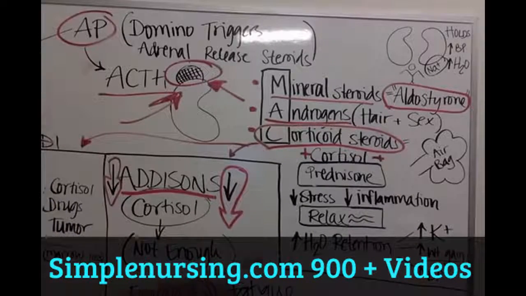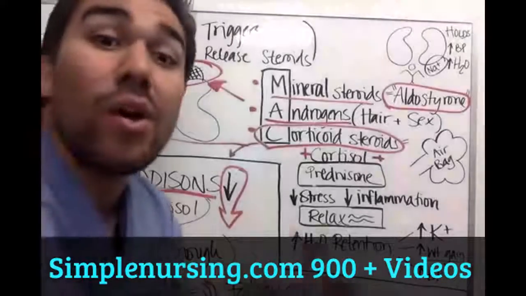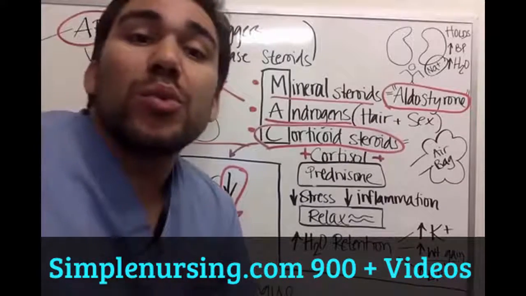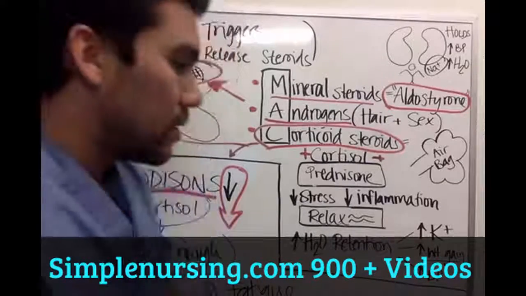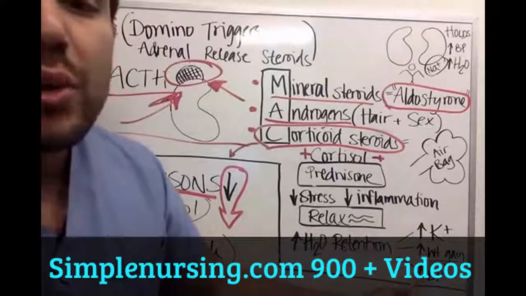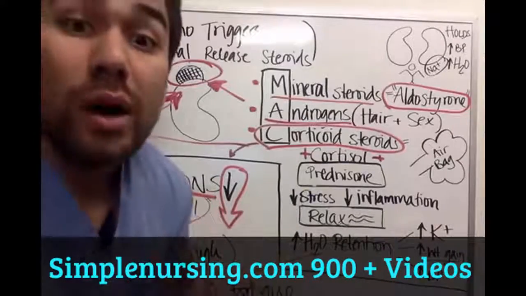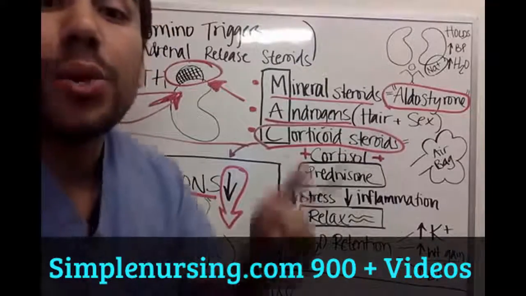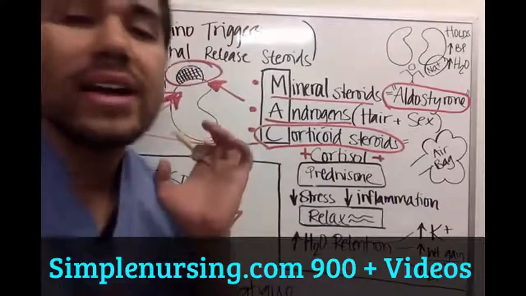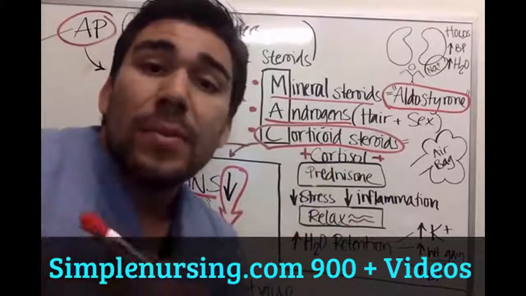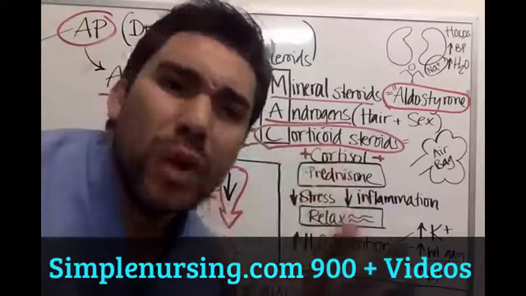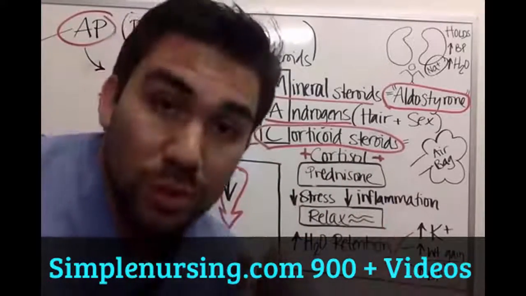Now the dirty part about this is they also help you to retain water. As you're retaining this fluid, you're increasing your potassium level. You're also gaining weight because you're holding on to water, and you're also increasing your blood pressure, okay? So yes, airbags are great. They save your life, but they take up a lot of extra room.